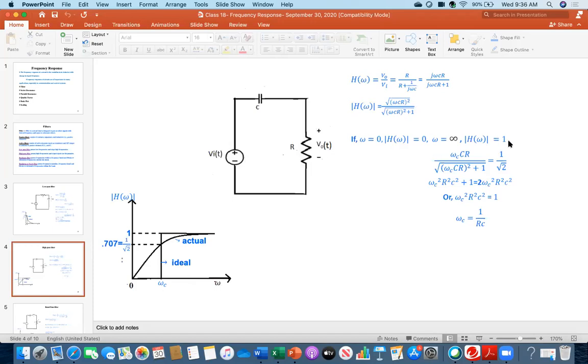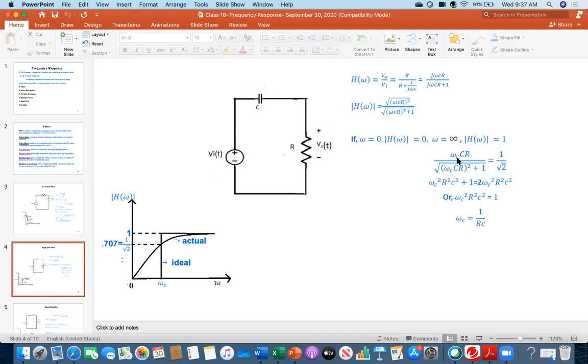And now we have to find this point on the actual curve. What is this point? When the value is 1 over root 2, or 0.707, at what point? So this was my transfer function. You see, it is omega RC over root of 1 plus omega squared R squared C squared.